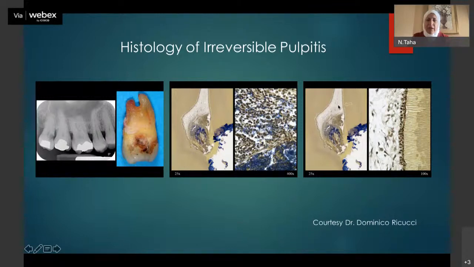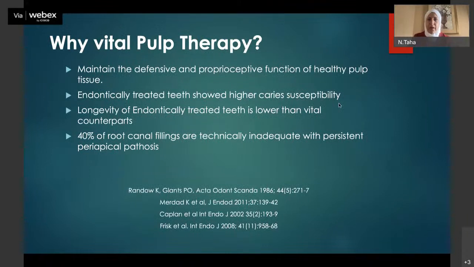But if you have a closer look at the canal, you see beautiful odontoblasts lining the pulp space, normal loose fibrous connective tissue of the pulp. So if we remove the coronal pulp tissue, the pulp in the canal is completely healthy and we maintain the vitality of the tooth.